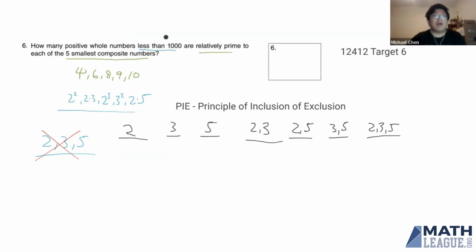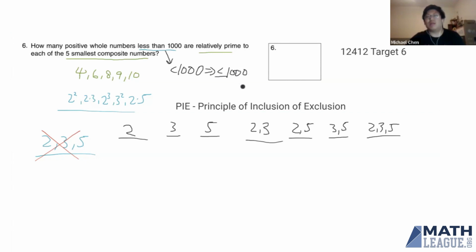But to figure out how many positive whole numbers less than 1,000 are relatively prime to each of these, we need to find out how many numbers less than 1,000 are not relatively prime to each of 2, 3, and 5. For our purposes, we can turn less than 1,000 into less than or equal to 1,000. Why? Because 1,000 doesn't count anyways.